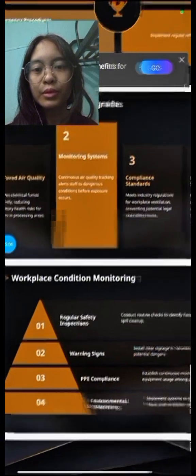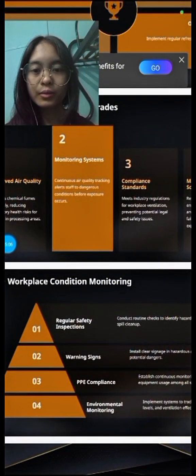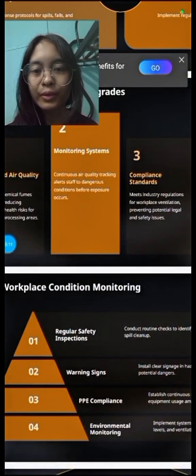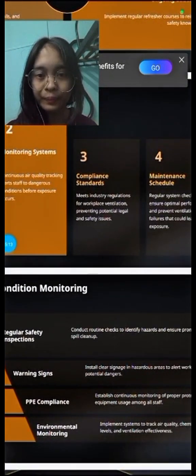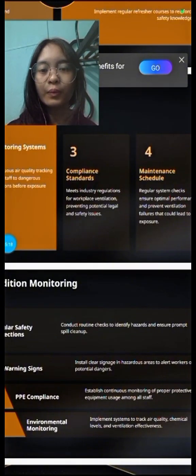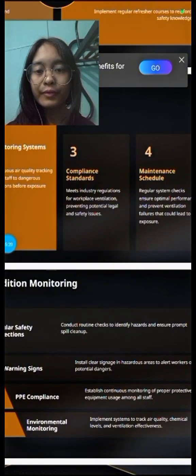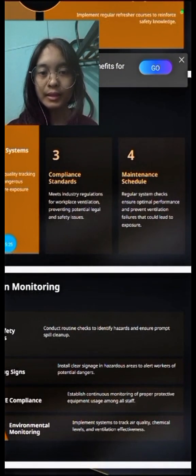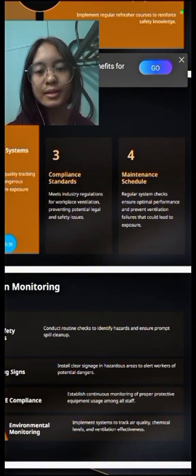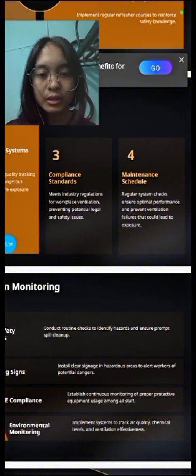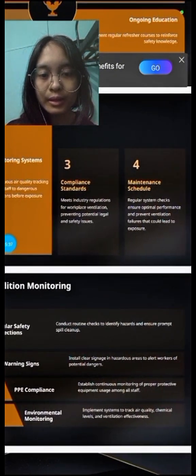Number two is monitoring system, for continuous air quality tracking, alert staff to dangerous conditions before exposure occurs. Compliance standards meet industry regulation for workplace ventilation, preventing potential legal and safety issues. Maintenance. Number four is maintenance schedule for regular system checks, ensure optimal performance and prevent ventilation failure that could lead to exposure.